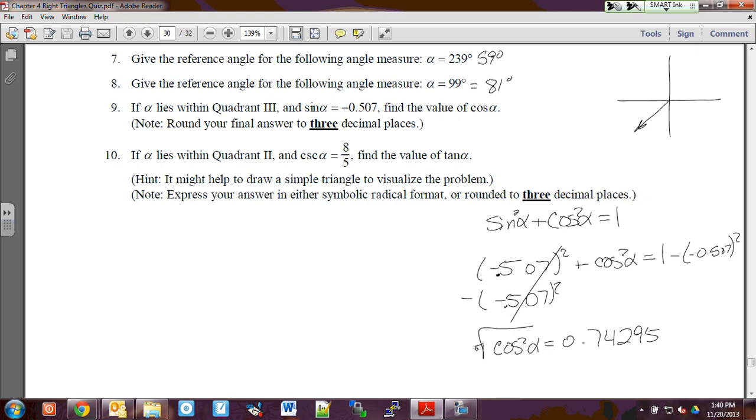Take the square root of both sides, and the cosine of alpha will equal 0.862 because I asked you to round your decimal to 3 places. This is number 9.